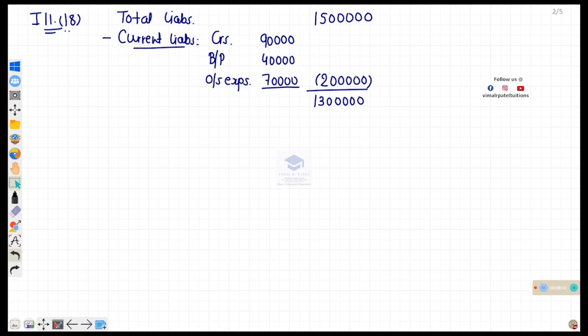So this 13 lakh is your long term liability.